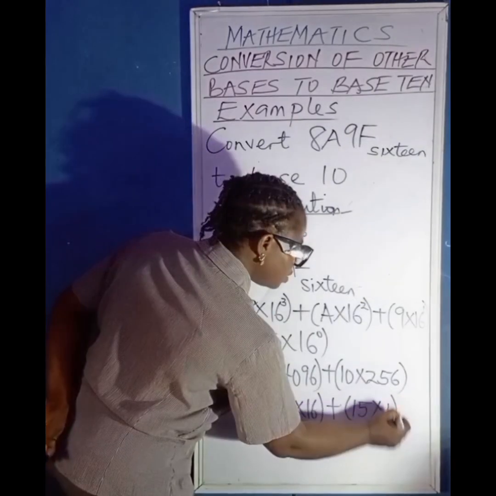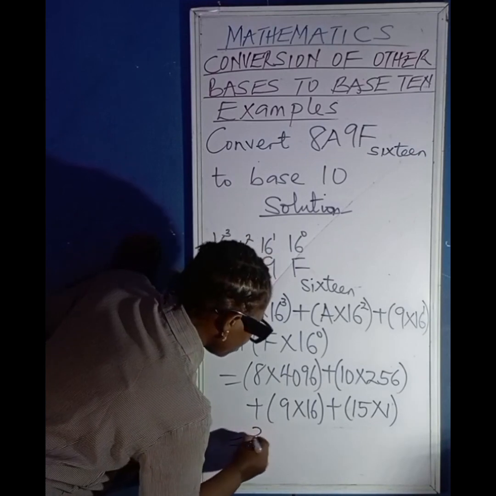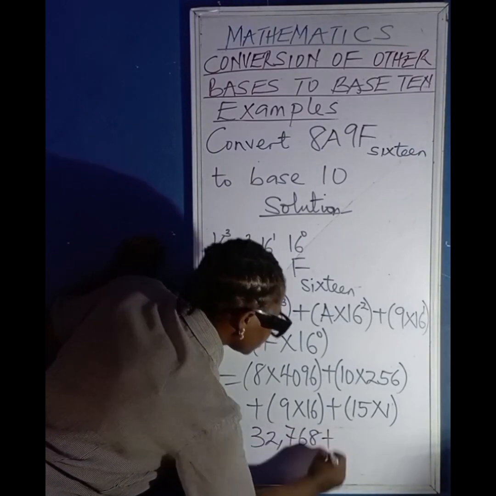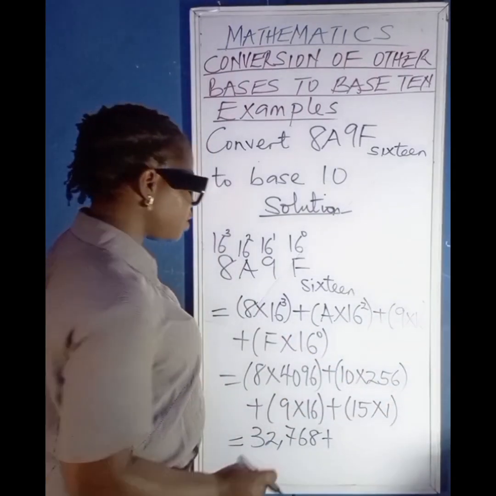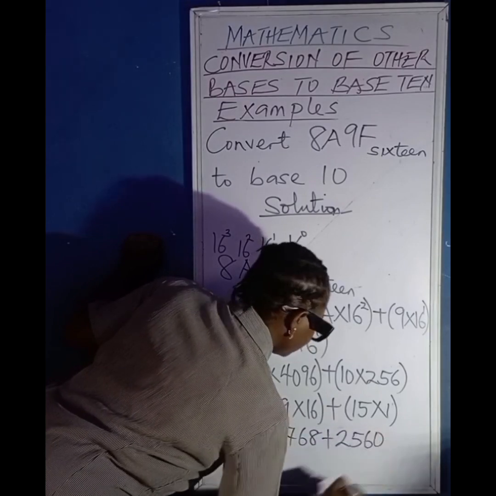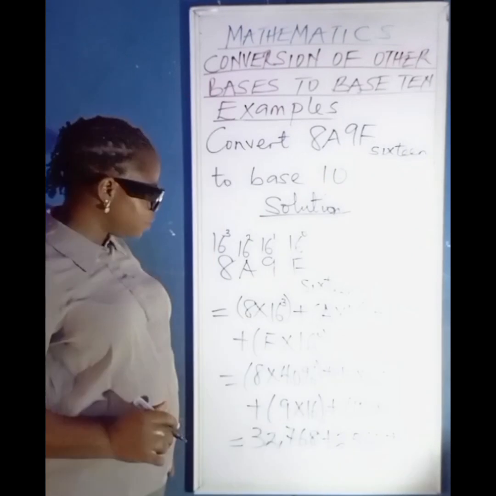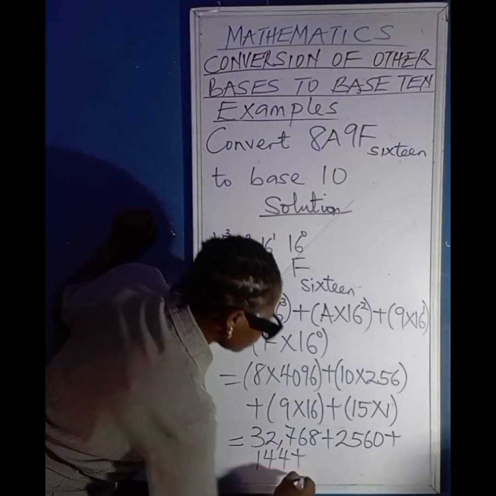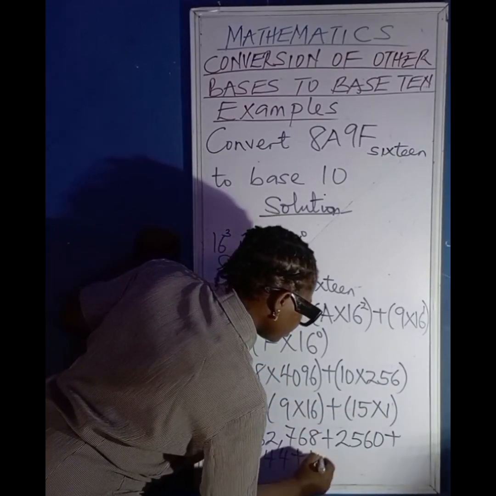That gives 32768, plus 10 times 256 gives us 2560, plus 9 times 16 is 144, plus 15 times 1 is 15.